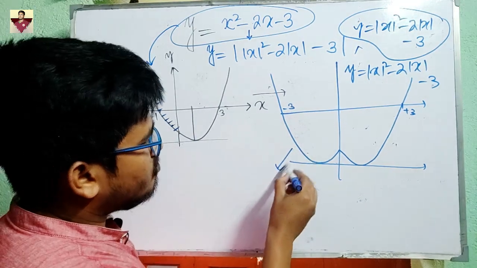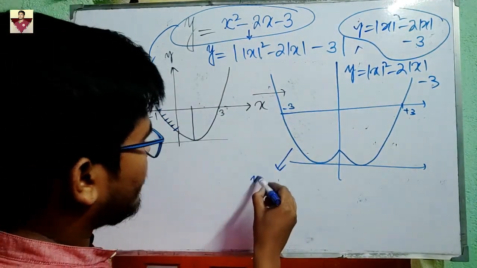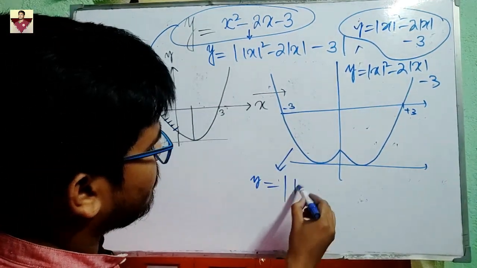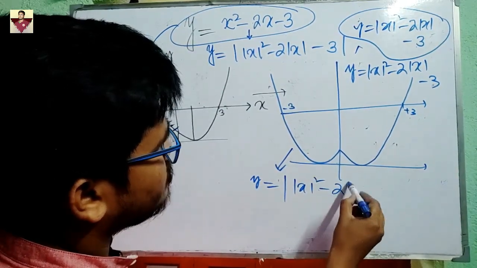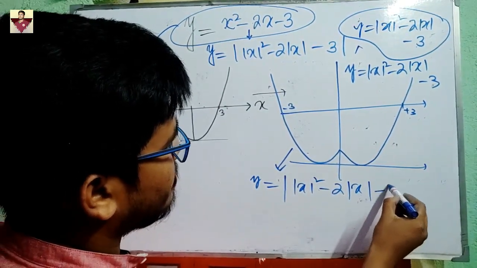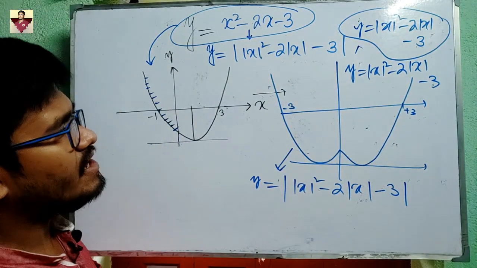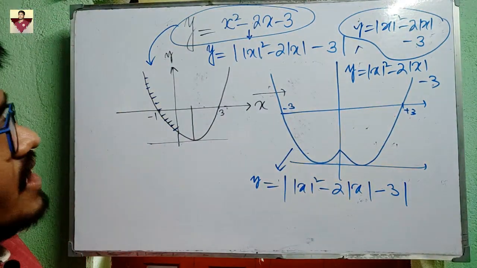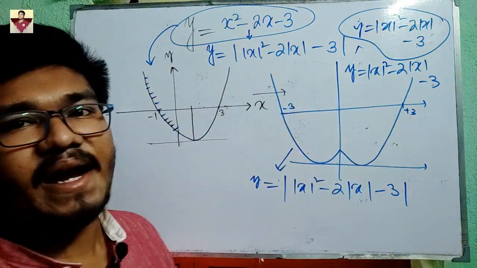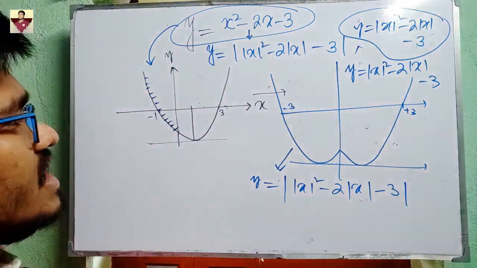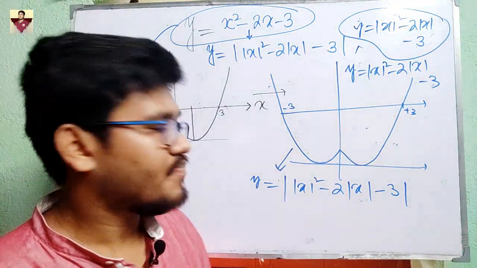Now you can go to y equal to modulus of x square minus 2 of mod x, and then minus 3. So how can you do that? All you need to do is take whatever is on the negative side of the y-axis and shift it to the positive side.